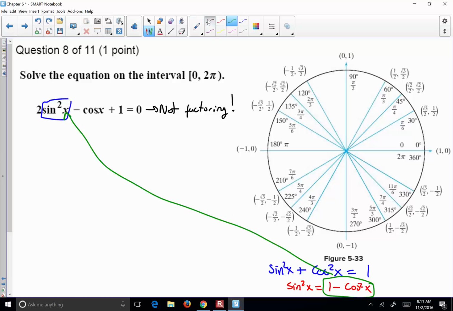Okay? So it is twice 1 minus cosine squared x minus cos x plus 1. Is that right? So it's 2 minus cosine squared. Agree?